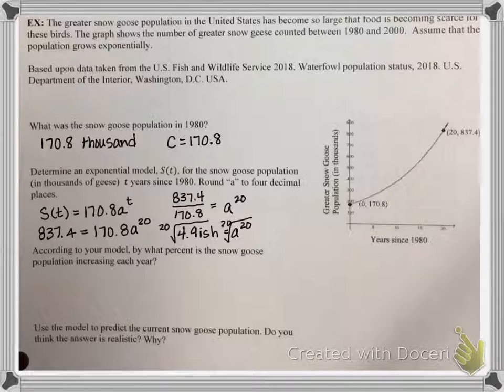And there's a couple ways to do that on your calculator. And I knew to round that to 4 decimal places just because it told me in the problem to do that. And so S of t is equal to 170.8 times 1.0827 to the t power.